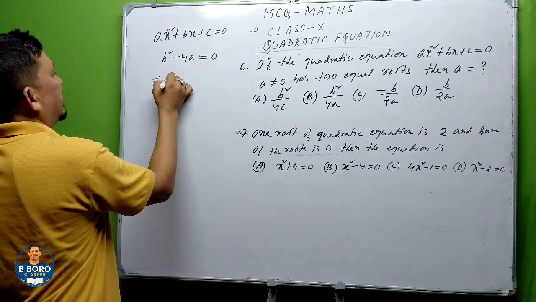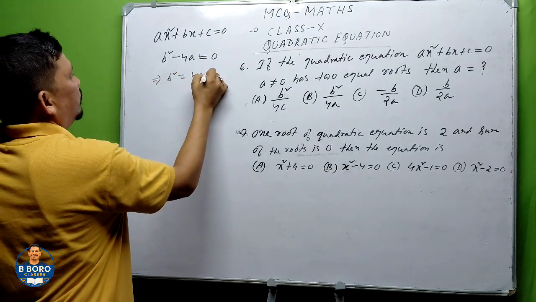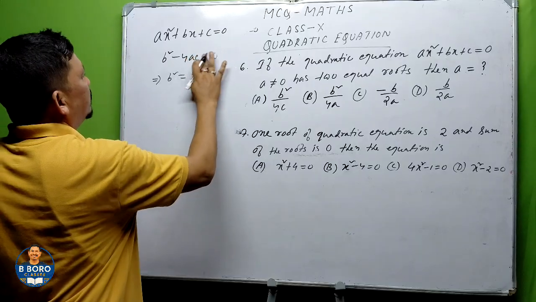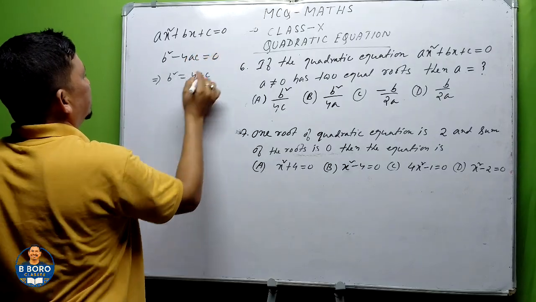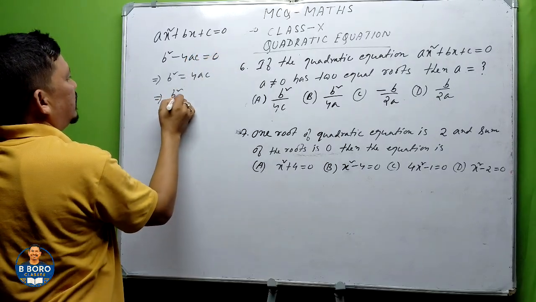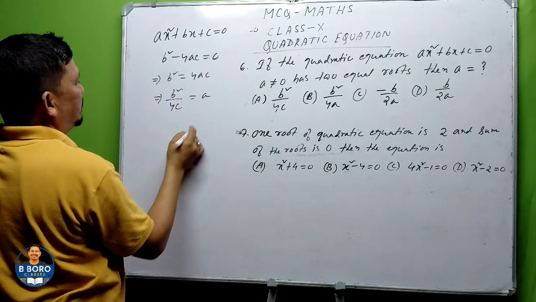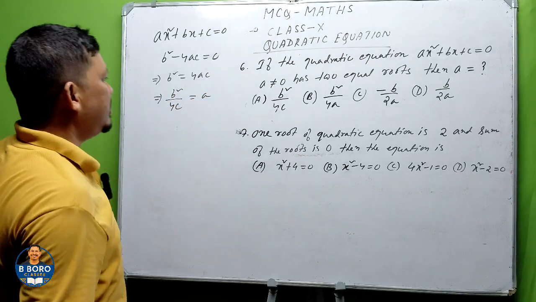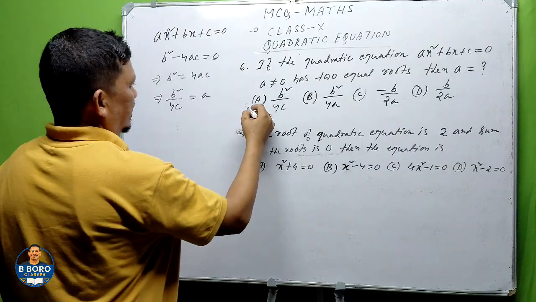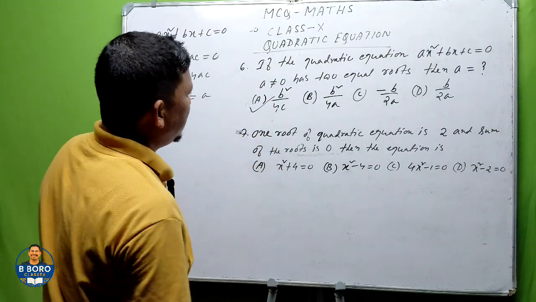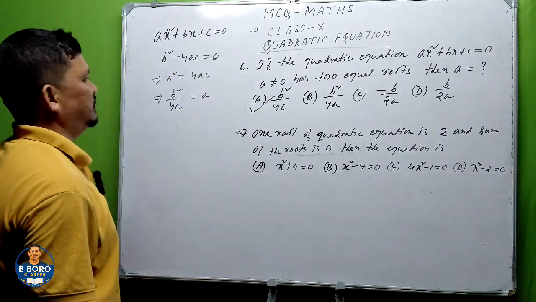So from it we can write b square equal to 4ac, or when transferring, only a is left on one side. So a equals b square by 4c. That means the correct option is option A, b square by 4c.